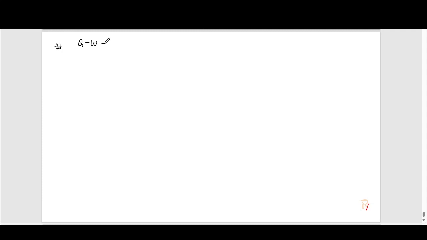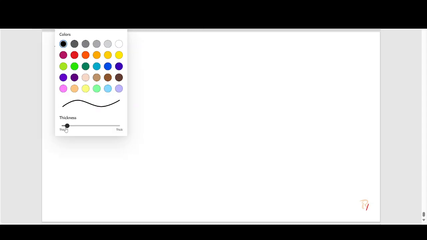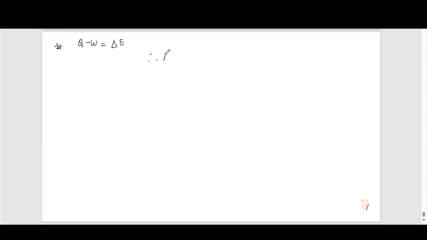Q minus W is equal to del E. Therefore, Q is equal to del E plus W, that is, del E plus W equals Q.